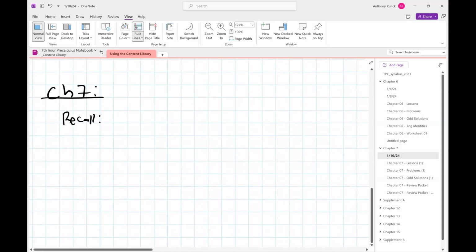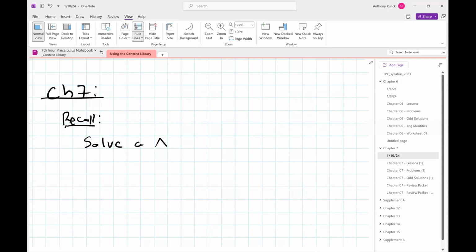So, chapter 7 is what we're going to be starting today. To start here, I want us to go back into first semester for a moment. So remember, one of the kinds of problems we did in first semester, we asked you to solve a triangle.